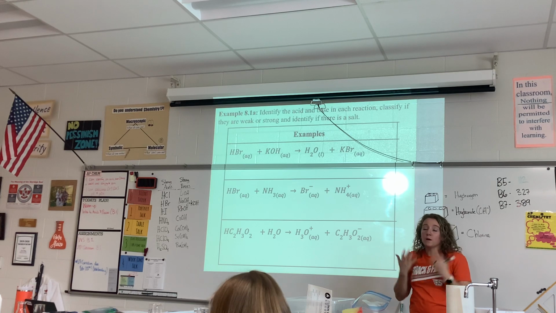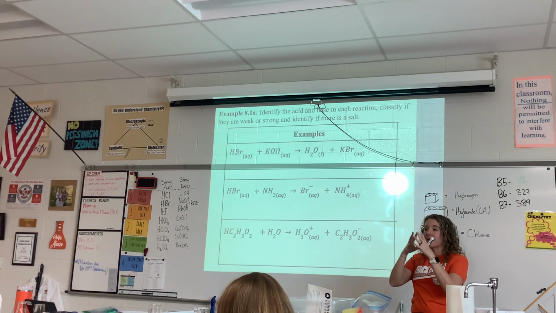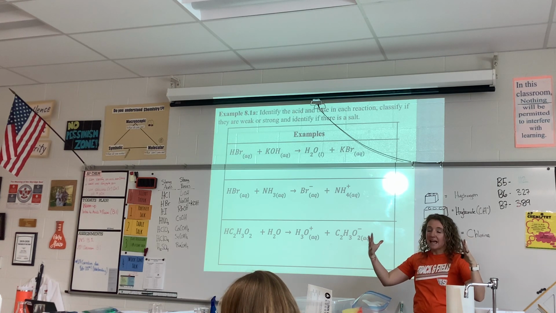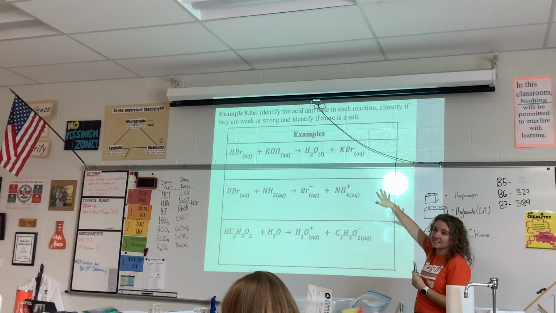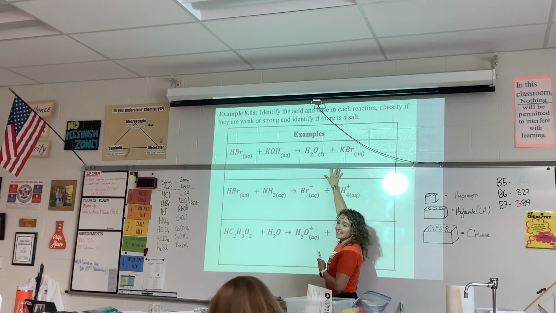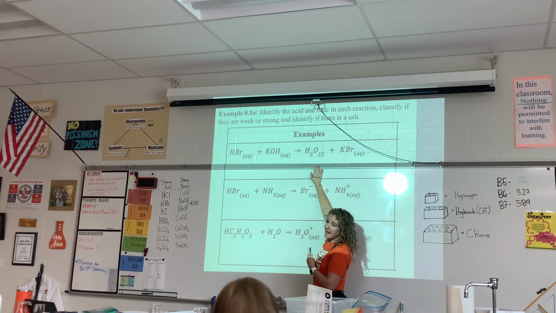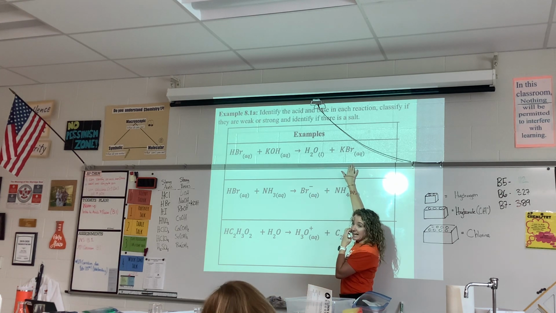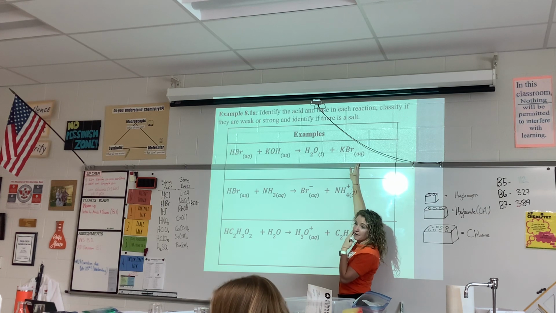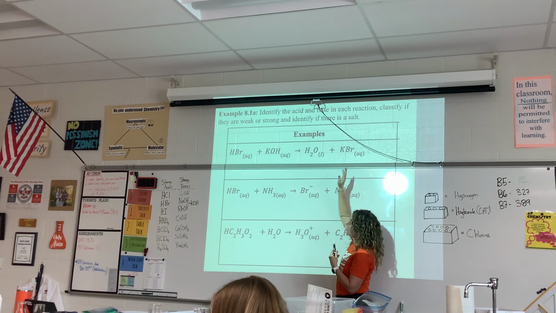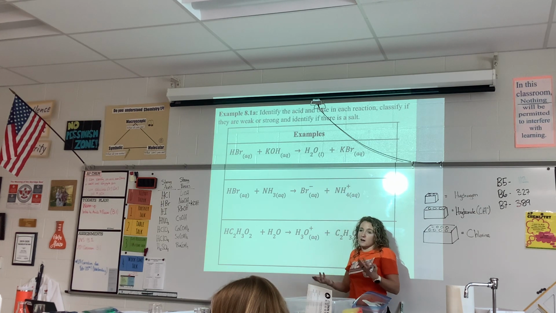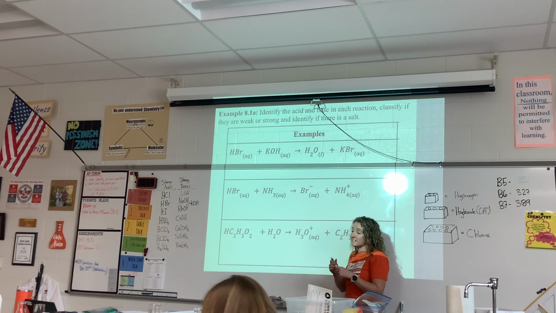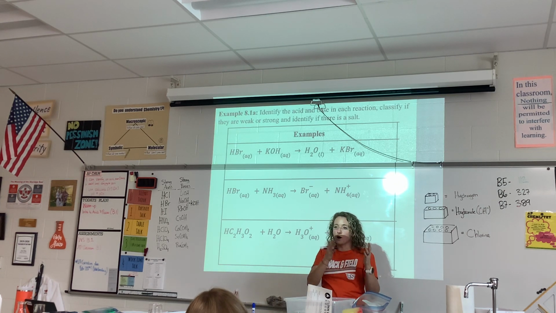Okay? So, first thing I do, once again, is look at the full story, and I start by looking at the products. In this case, if water is made, and if the other thing is ionic, so this is a metal with a non-metal, I know for sure that both of those have to be strong substances, because only strong substances make water and a salt.